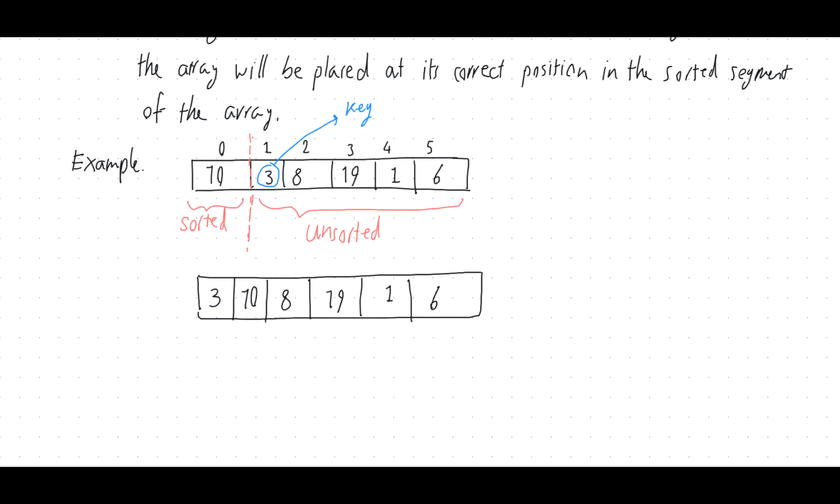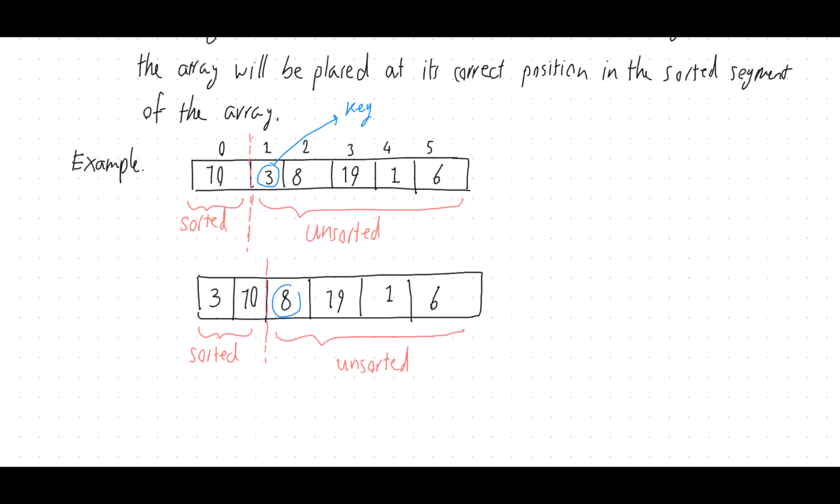But now, if you think about it, you'll see that the first 2 elements together create our sorted segment. And then the rest of it, the other 4, are still unsorted, right?